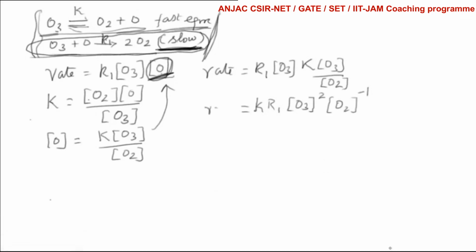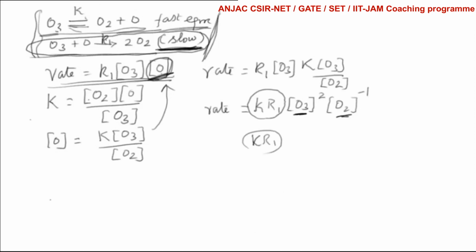Now, our rate equation is given in terms of the stable species, the reactants or the product or by both. Therefore, it is a correct rate law. But the earlier one is not the correct rate law because it involves the transient species. Accordingly, the overall rate constant is given by K into K1.